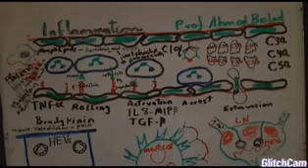redness, hotness, tenderness, swelling, and the 5th one is loss of function. These signs, we call them cardinal signs. And these cardinal signs are due to 3 major events: increased capillary permeability.